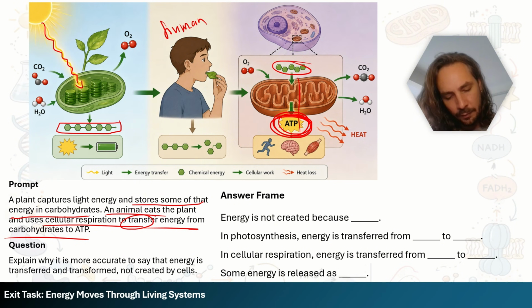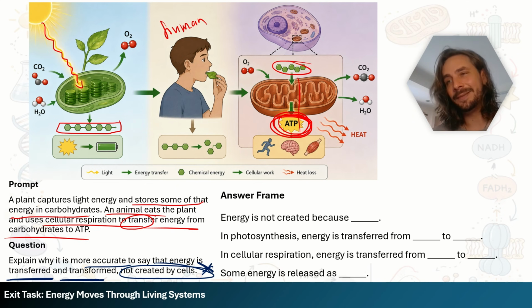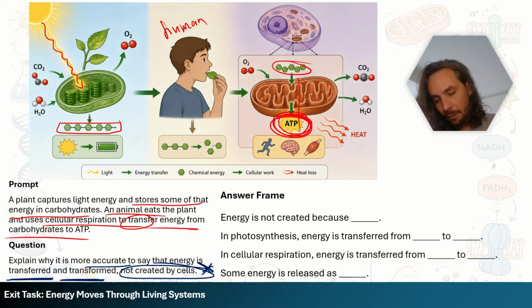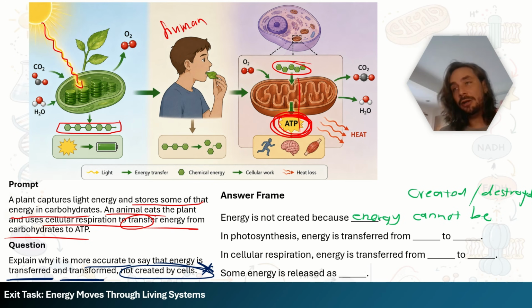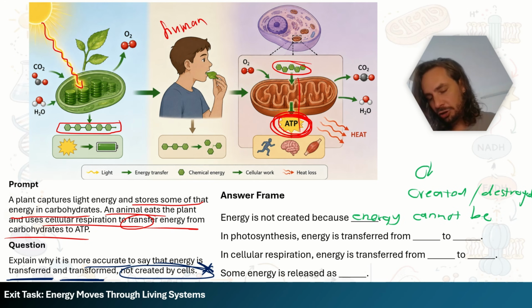explain why it's more accurate to say that energy is transferred and transformed and not created. Energy is not created because energy cannot be created or destroyed. It can only change form.